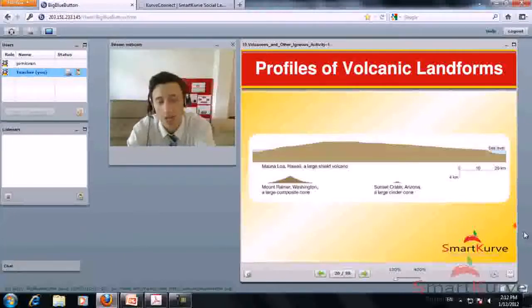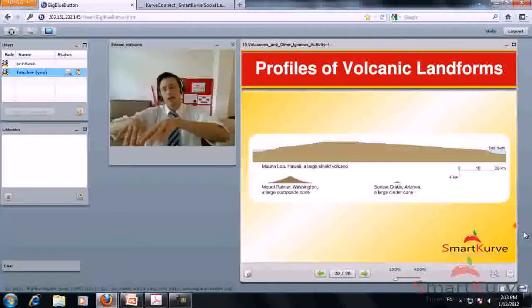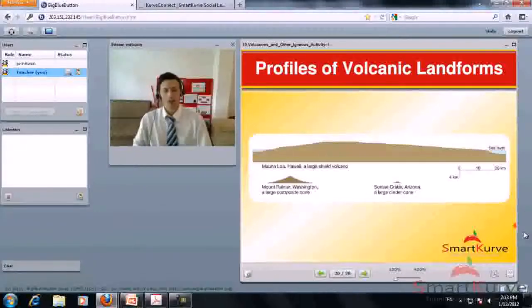The first type we talked about, remember, the very low viscosity, low silicate, high in alkali metals and transition metals. So there's not much gas trapped in the lava, so the eruption is not very violent, so the lava just flows out very evenly and forms this flat dome. That's Mauna Loa, an example of a shield volcano.